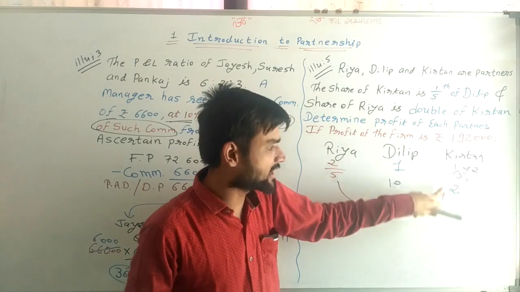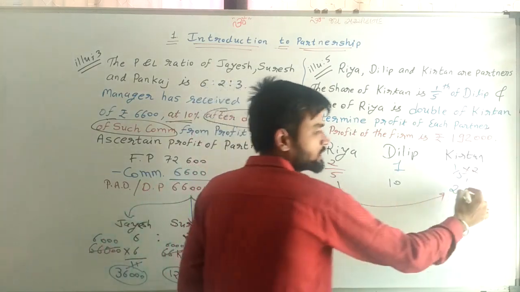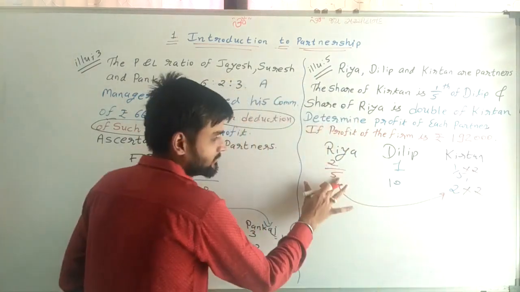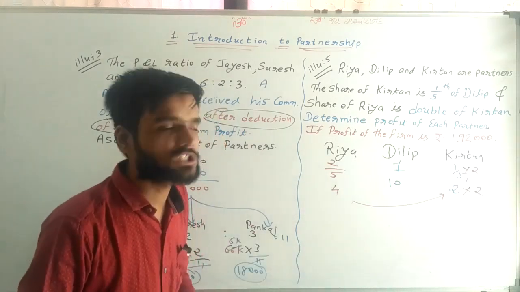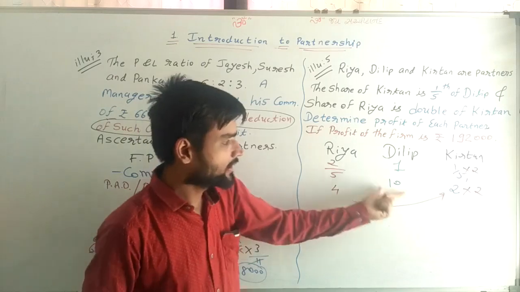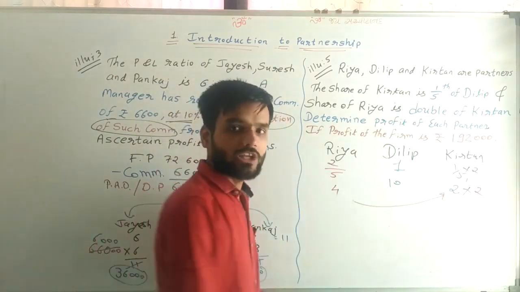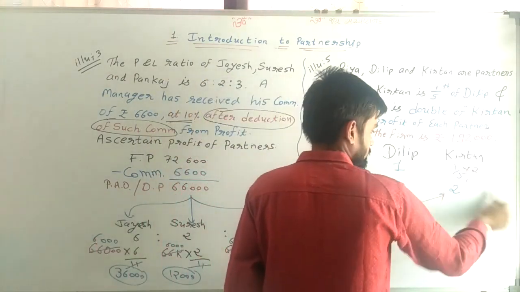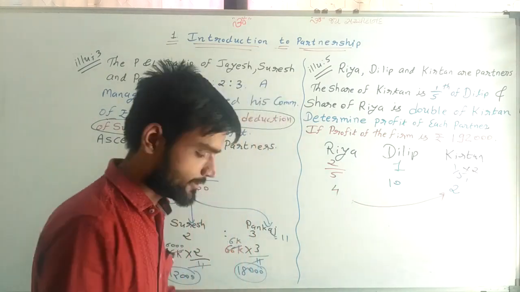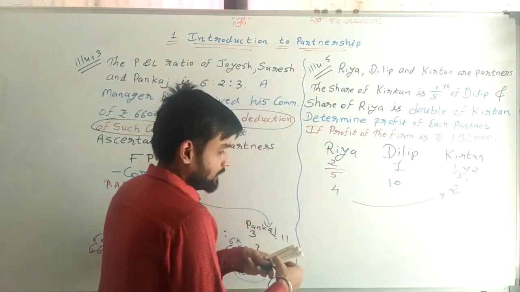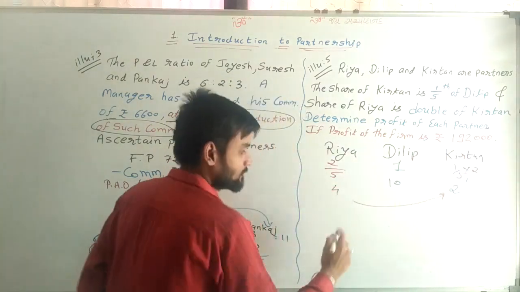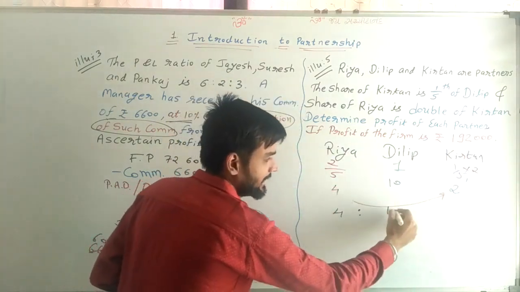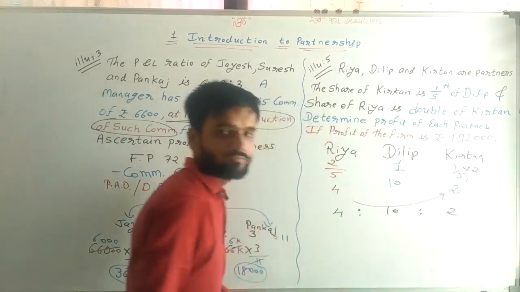In the same way, suppose Kirtan's profit is 2, then multiply it with 2. Then Riya's profit is 4. In this way, we are making the profit ratio portion. We can find the profit proportion. So what is the ratio of Riya, Dilip and Kirtan? 4, 10 and 2.